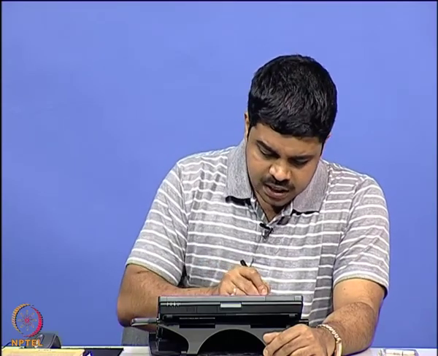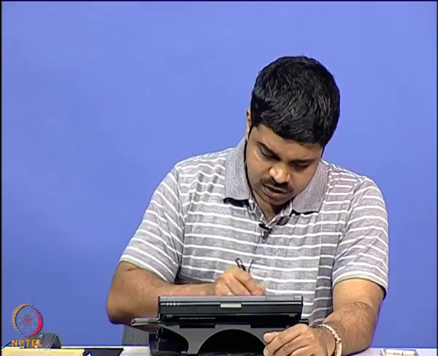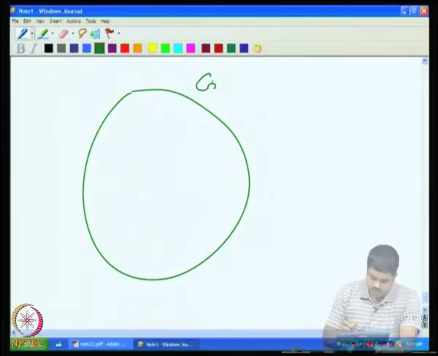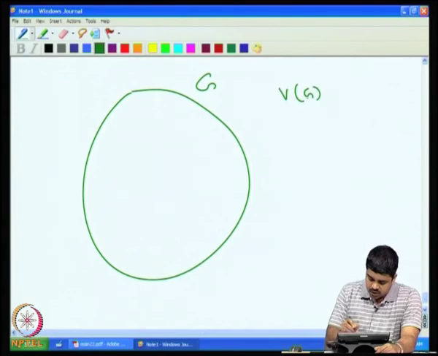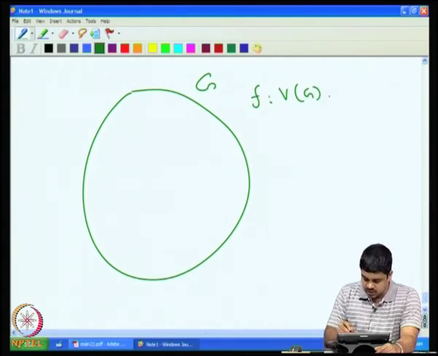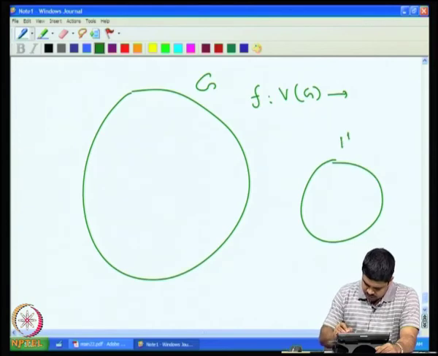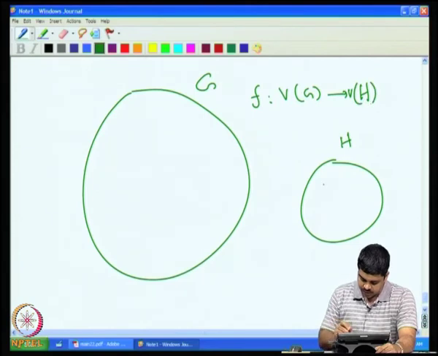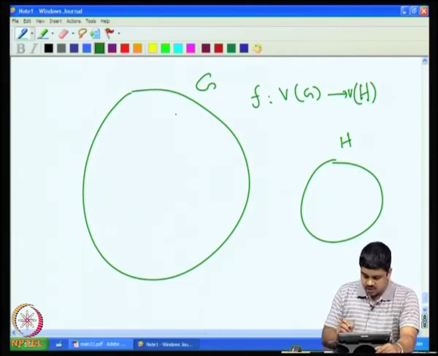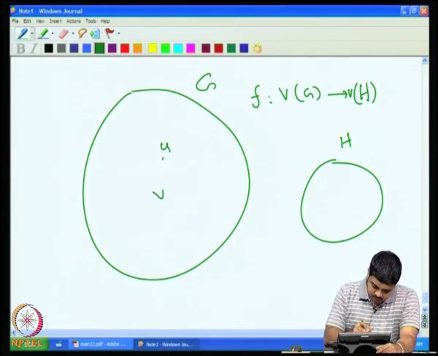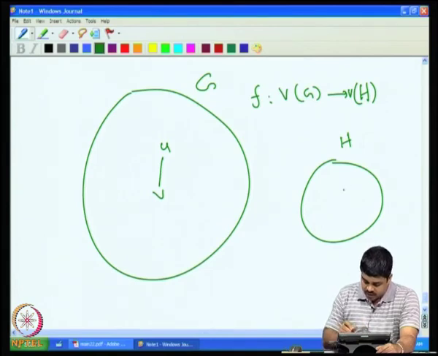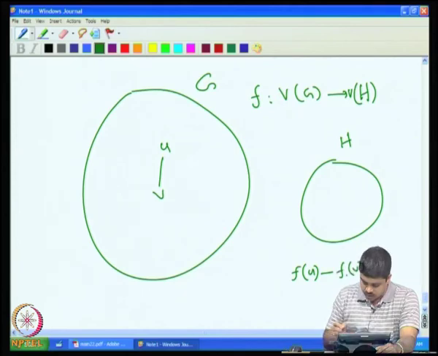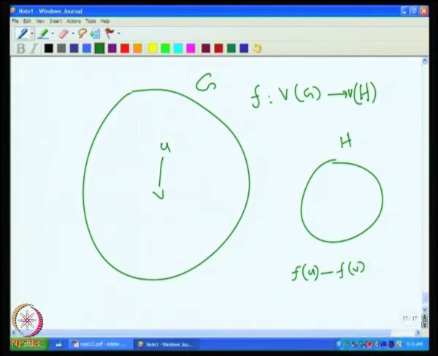Here you have a graph G, and from the vertex set of G you define a function to a smaller graph H, that is V of H, such that if there is an edge between u and v, then the corresponding edge should be there between f of u and f of v. So, this is a homomorphism.